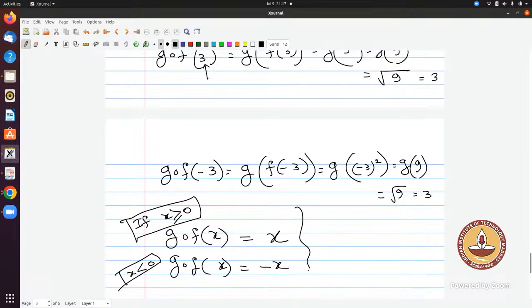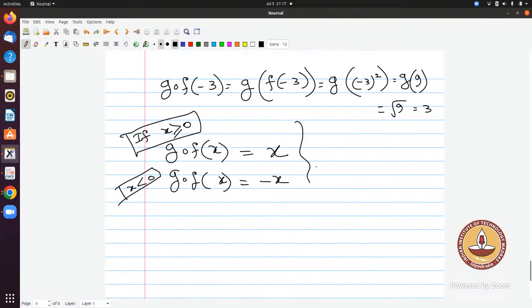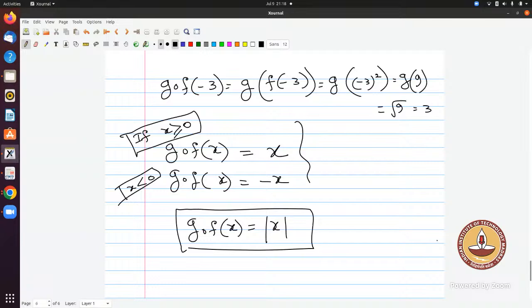And basically, this is the mod function. So g compose f of x here is nothing but mod of x. Is it clear? If I write root of x square, this is nothing but mod x. This is the main sketch of the problem. Okay? Clear? Understood? Yes, sir. Yes, thank you.